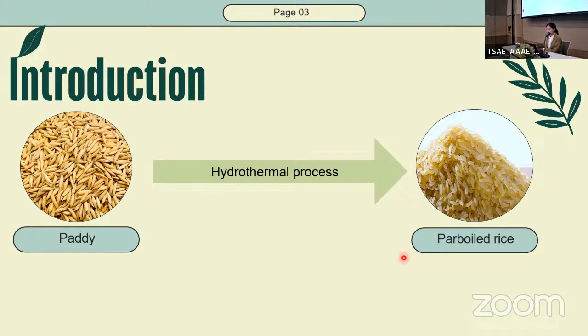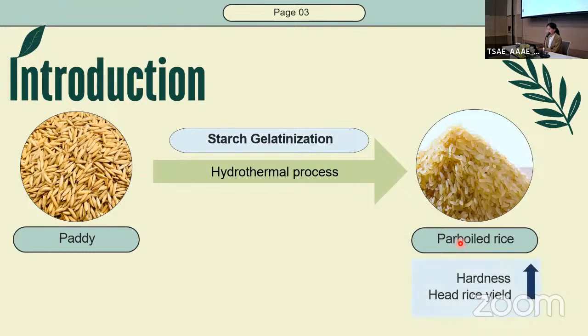First of all, I would like to introduce parboiled rice production and the oxidizer administration. Parboiling is a major hydrothermal process and it reduces the molecular chains known as starch gelatinization. The starch gelatinization can affect some quality of parboiled rice, and the starch gelatinization requires a temperature and moisture.